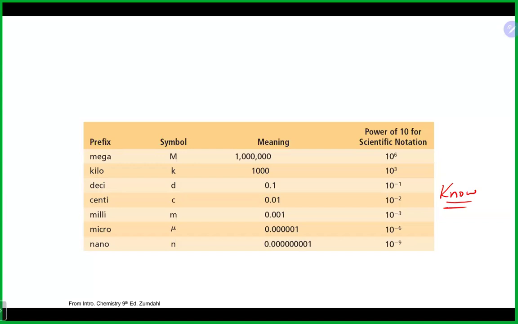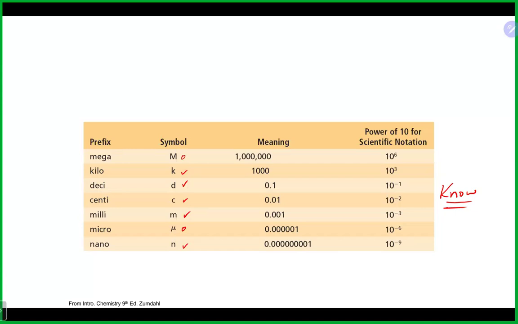Those are all prefixes that you use a lot in chemistry. In our class, for sure, kilo, deci, centi, milli, and nano pop up. As you go through 1A, 1B, you will hit the other ones a little bit more, the micro and the mega as well.